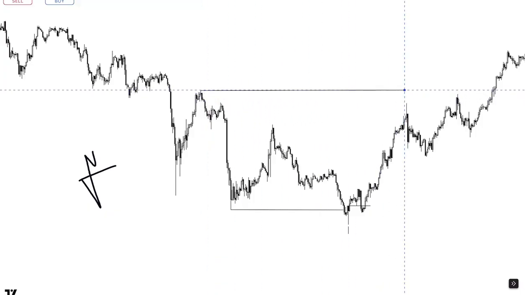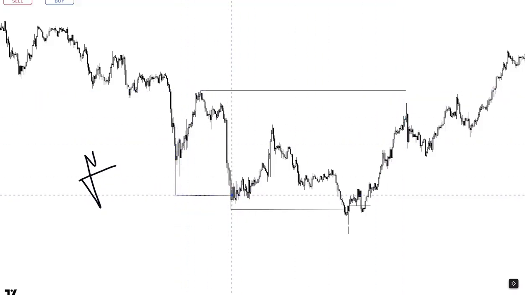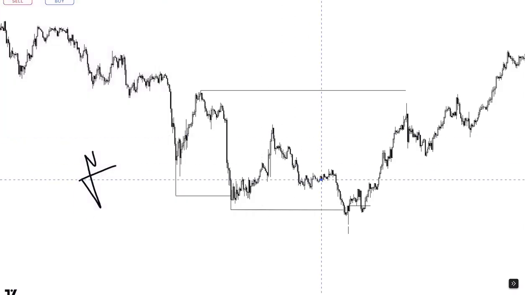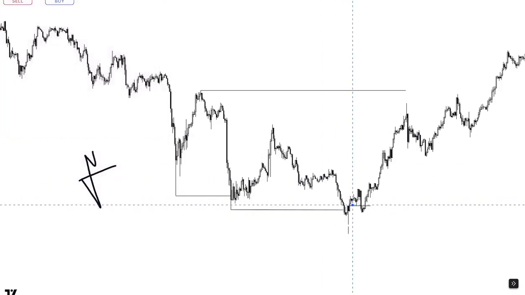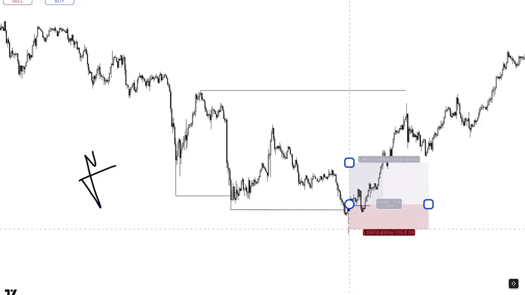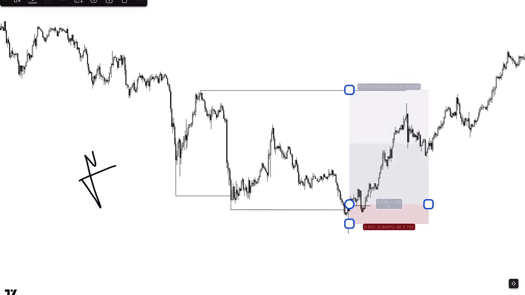The first indication that this is going to reach the CRT high is the creation of the model number one. So you would enter as so. As soon as they close above, it is valid to enter right here. Stop loss at the low, targeting the old highs one by one until the final target.